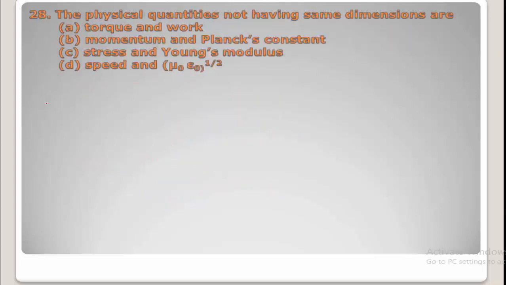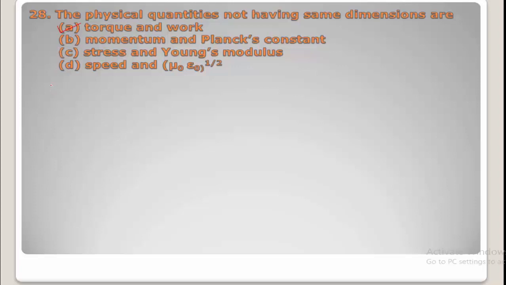The physical quantities not having the same dimensions are. Now we have solved the dimensional formula for the same quantities. Now we have to find out the different dimensions. Okay, so already we have solved that torque and work have equal dimensions.